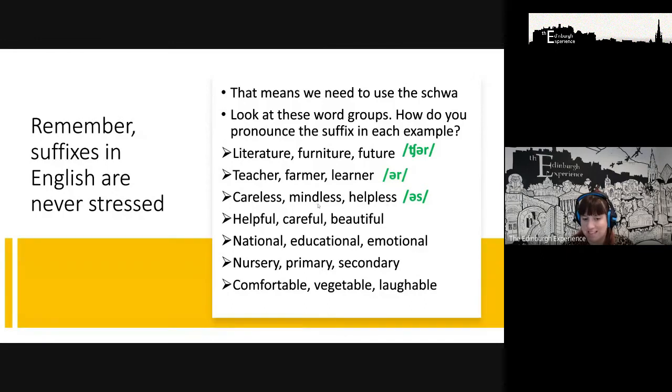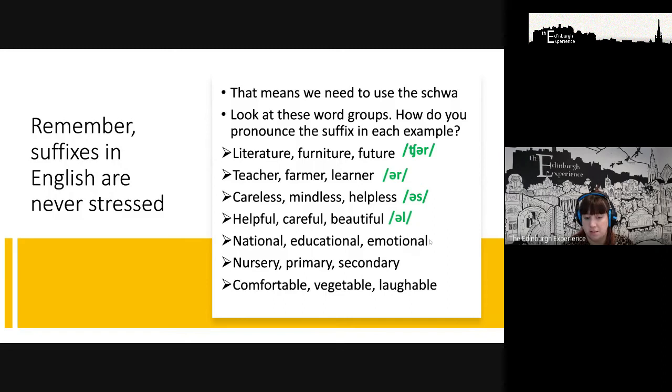Careless, mindless, helpless. And the same with this suffix here. If it's the adjective, F-U-L-L, we would use a strong vowel sound like ooh, fool. But because it's a suffix, we're saying full, okay? So helpful, careful, beautiful, okay?